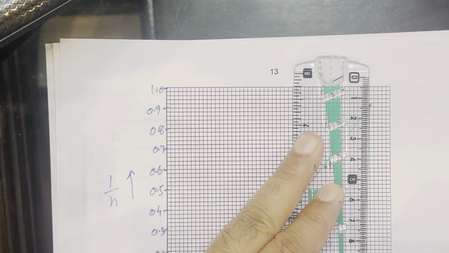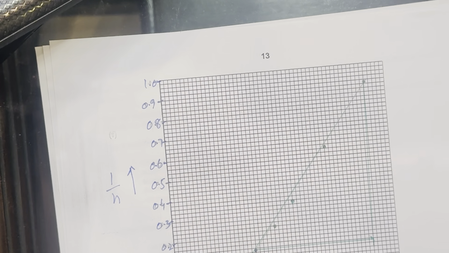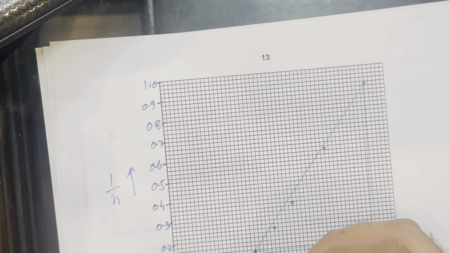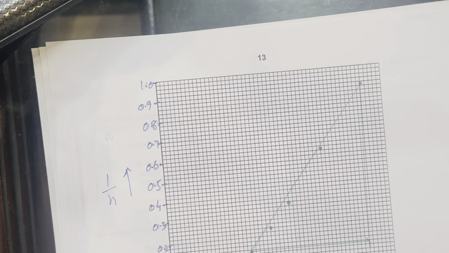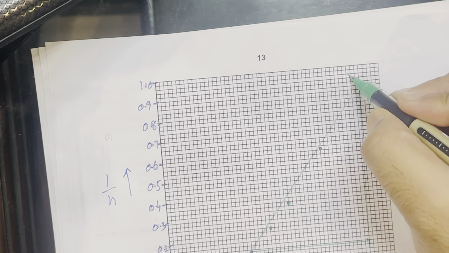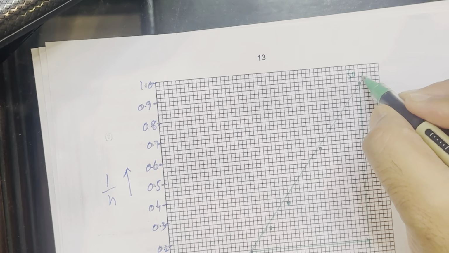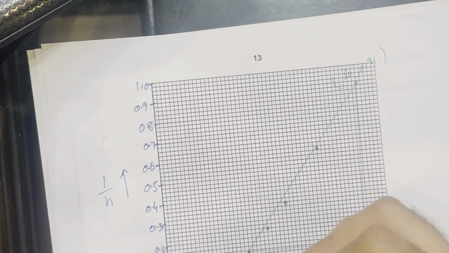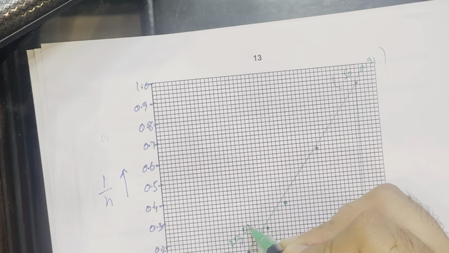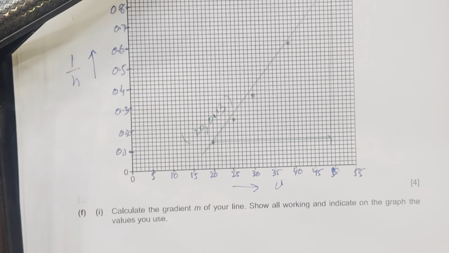One point we will take here, 50 and 0.91, and over here 20 and 0.13.